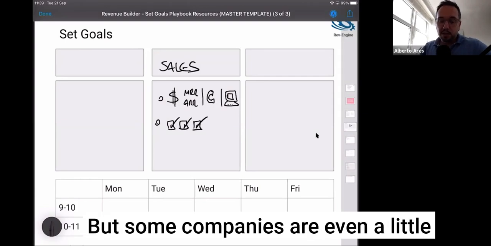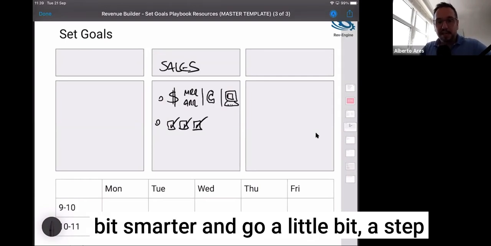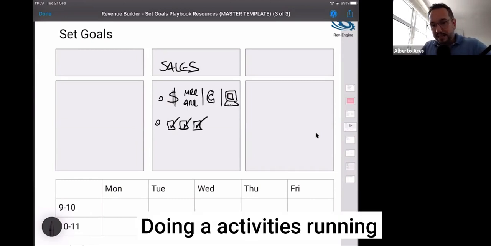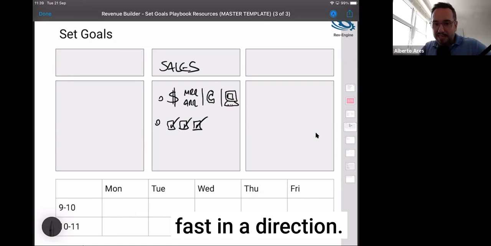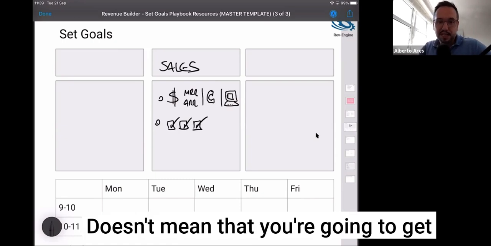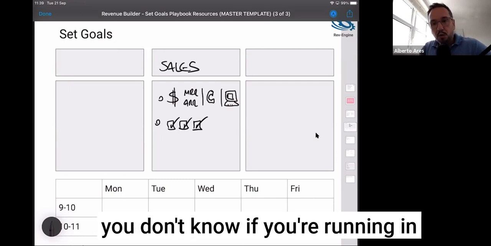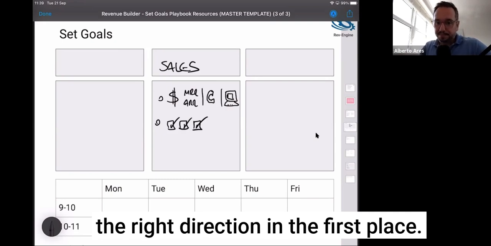But some companies go a step forward because they realize that doing activities, running fast in a direction, doesn't mean that you're going to get to your objective quicker, because you don't know if you're running in the right direction in the first place.